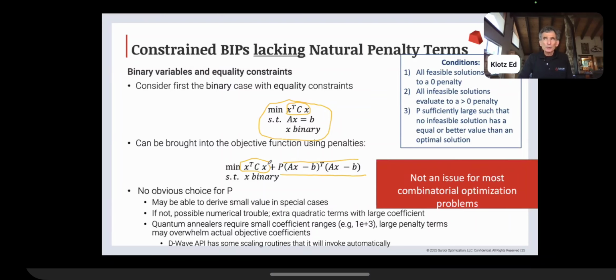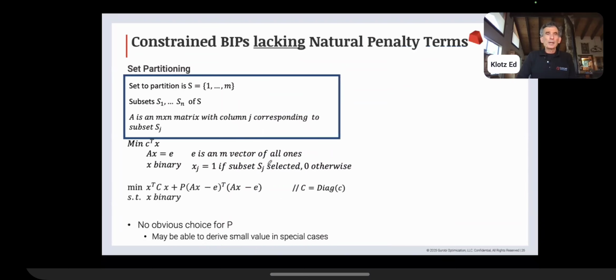But for a lot of these well-known NP-hard, NP-complete combinatorial optimization problems, it's really not an issue. You really don't have a wide range of objective coefficients, except for possibly the penalty term.